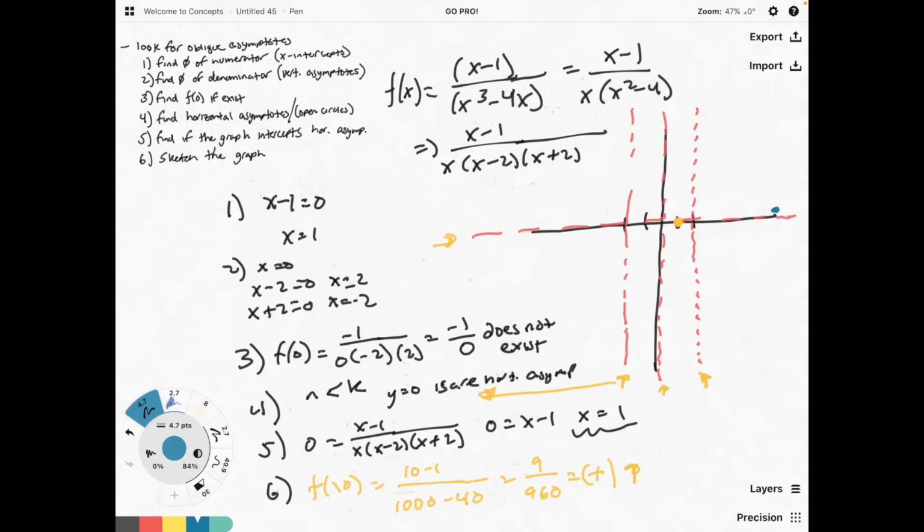So if we did 3, for example, if we plug in f of 3, then we're going to get a 2 up top, and we're going to get 3 cubed, which is 27, and then minus 12. So that's still a positive number. So we know now that if we go closer to 3, then we're still going to get 2 divided by a number which is still positive, which then puts us about right here.